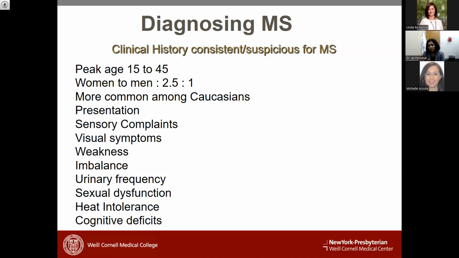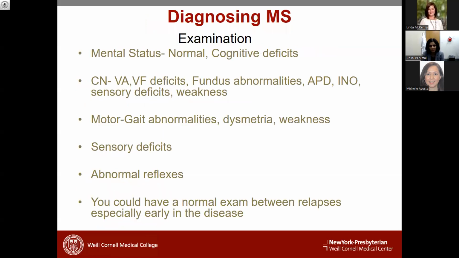Now, the brain controls pretty much all functions, whether it's sensory, motor, vision, bowel, bladder. So the symptoms of MS can be any of these things, depending on where the patient developed the lesion. Now, with regard to what you might see on exam in a patient with MS, since it can affect so many tracts, so many functions, it can affect any of these: cognitive effects, cranial nerve deficits, motor deficits, sensory deficits, abnormal reflexes.